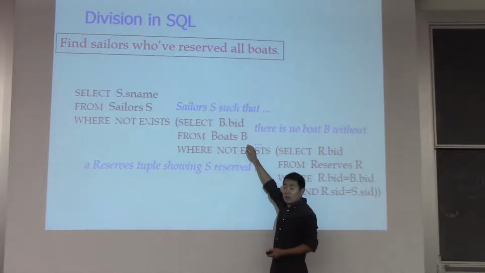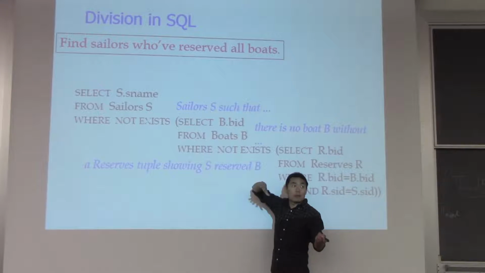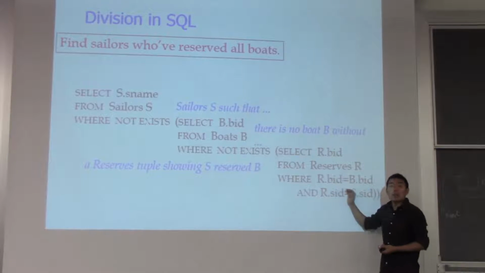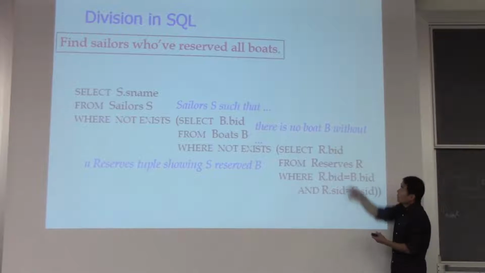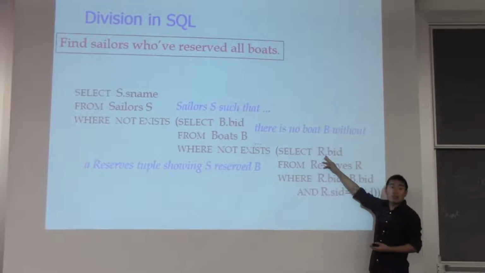When can we be sure that this boat has not been reserved by the current sailor? Well, when there is no reservation record showing that the current sailor has reserved the current boat. You find the boat ID from the reserve. Actually, this doesn't have to be boat ID.